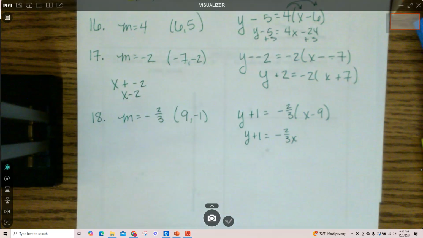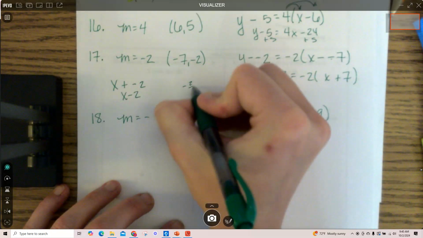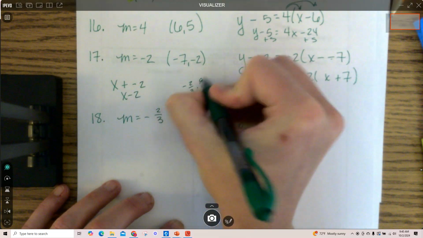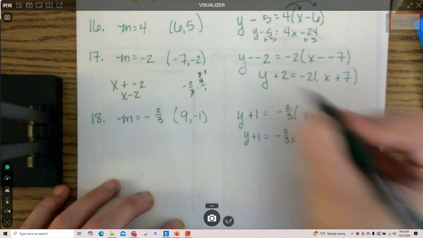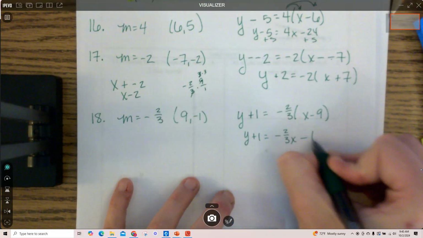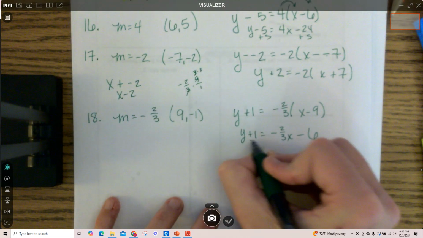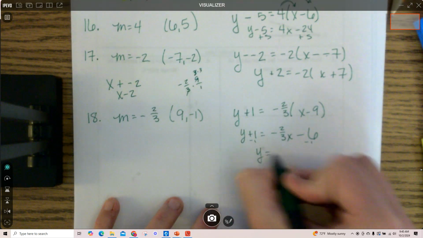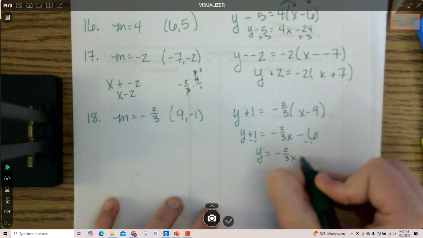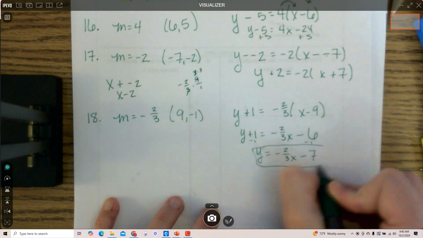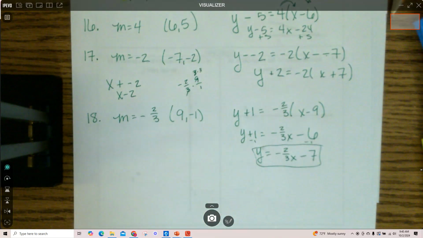And then negative 2/3 times 9 would be negative 6. Subtract the 1 from both sides. Y equals negative 2/3 x minus 7. Yeah, be careful with your fractions.